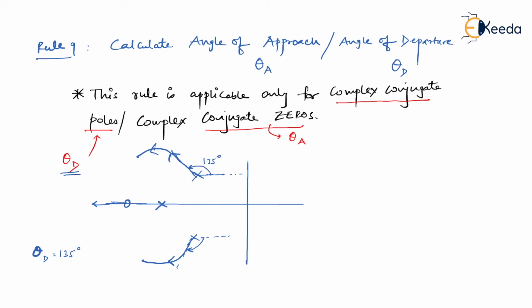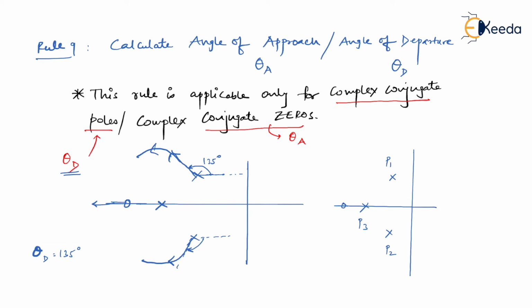So I'll copy this pole-zero plot to the right-hand side to show you the calculation. For example, if I'm calculating my angle of departure for pole 1, how to get it? See carefully. Let me mark the other pole, that is pole number 2. Let me mark another pole, that is pole number 3.